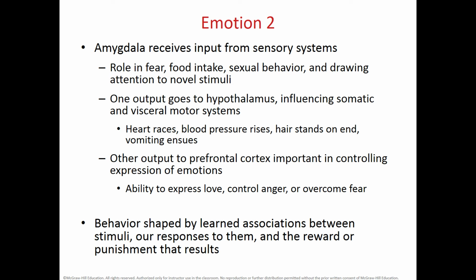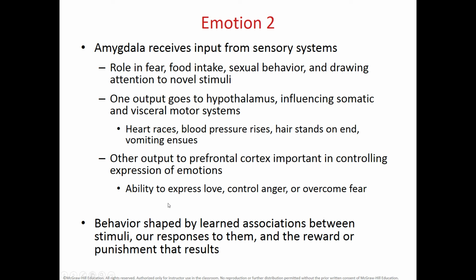One of the outputs of the amygdala goes into the hypothalamus to influence somatic and visceral motor systems. So when we are fearful, for instance, our heart rate increases, the blood pressure rises, and you will have goosebumps, or you can even have vomiting.